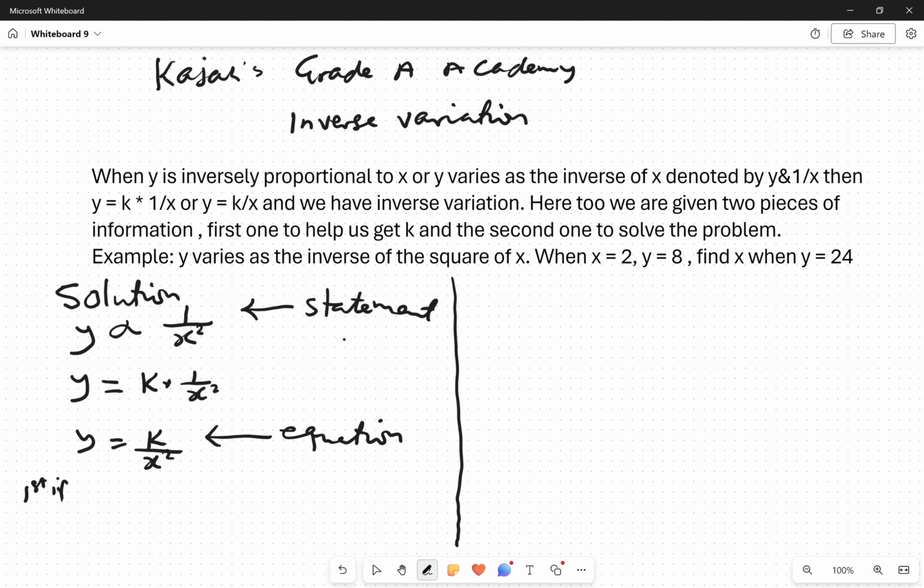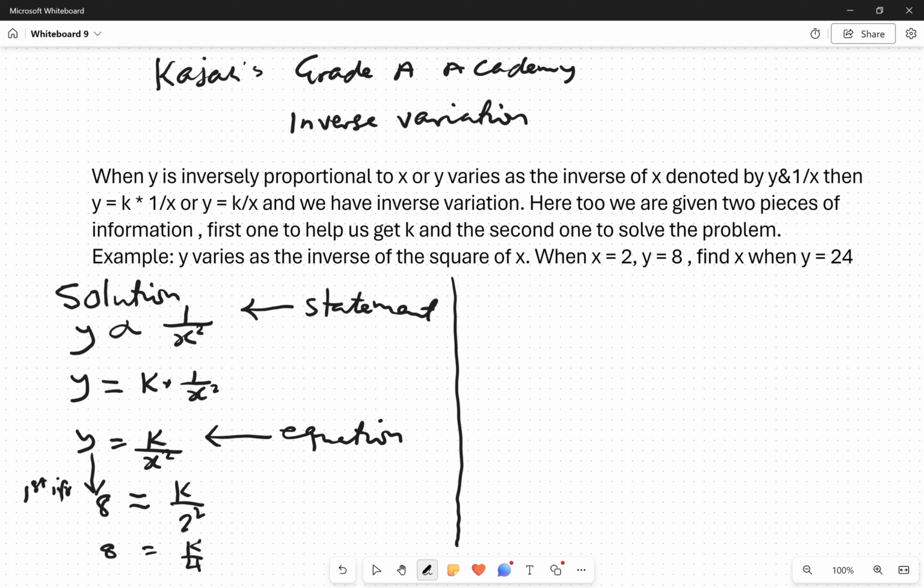We have the value of y is 8 equals k over x squared, and x is 2, so you have 2 squared. We can simplify this to get 8 will be equal to k over 4.